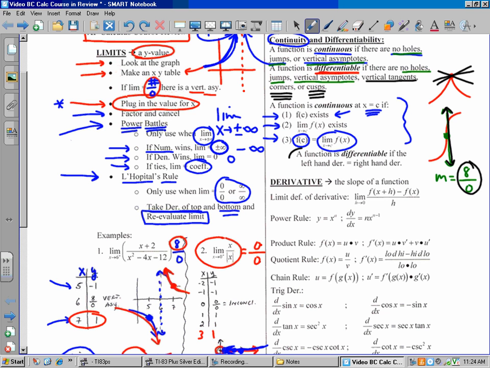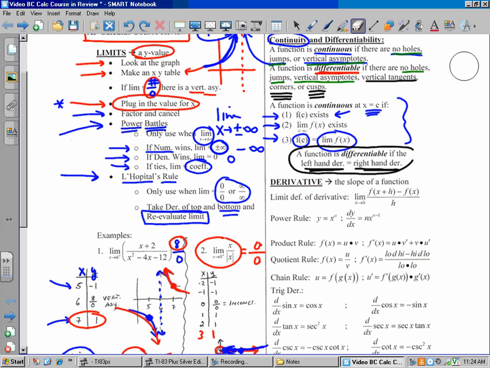Notice the technical definition for differentiability is the left-hand derivative needs to equal the right-hand derivative. That's why at a corner, the function's not differentiable, right?